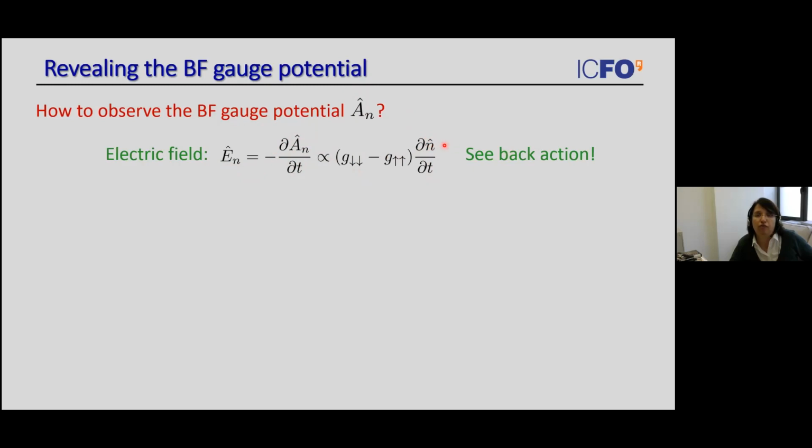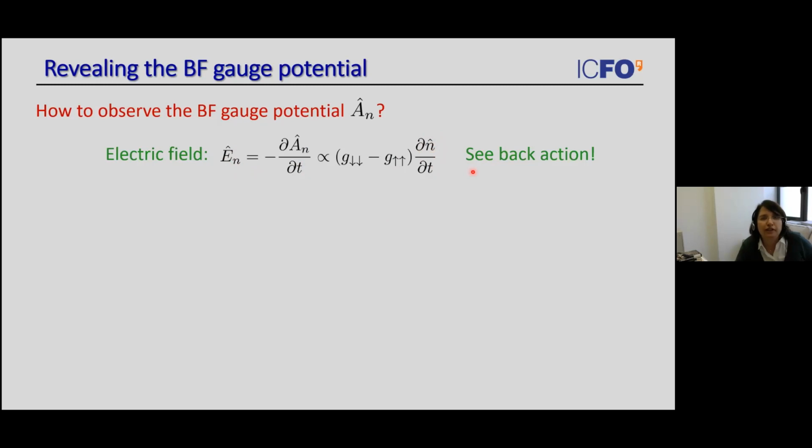So if we just time-vary the density of the system, then we will change the vector potential in time. So we will get an electric field. So we will really see the back action of matter into this electric field.